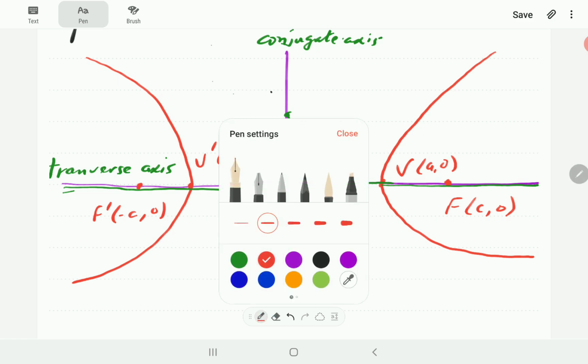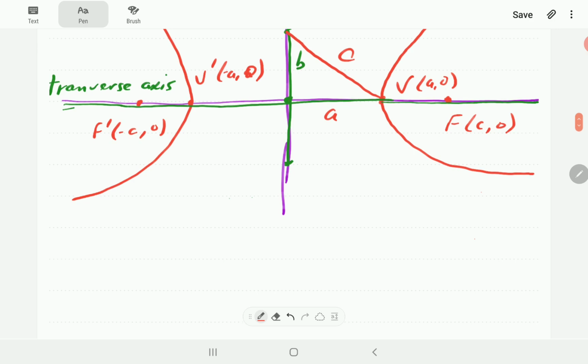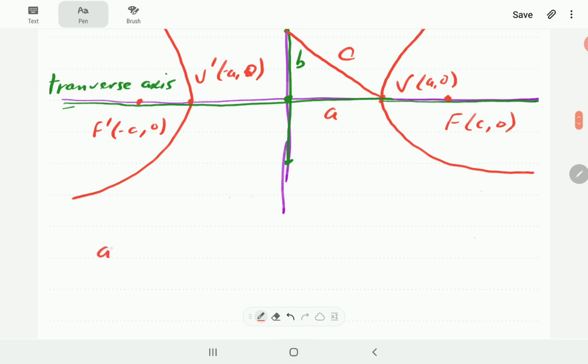Then in this case, the numbers a, b, and c still satisfy the Pythagorean relationship, except that this time it's going to be a squared plus b squared is equal to c squared.